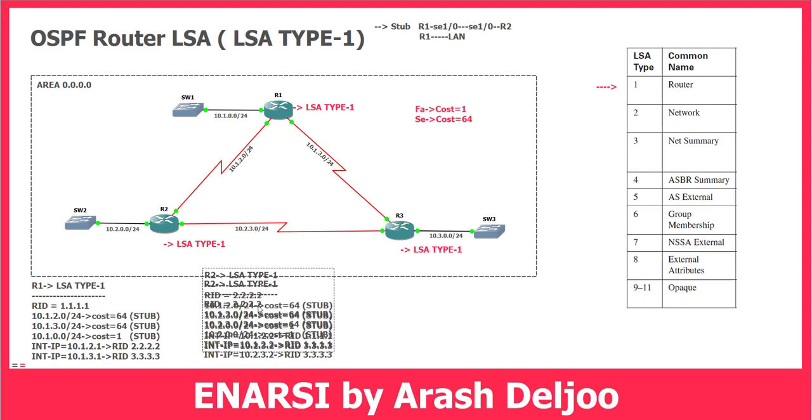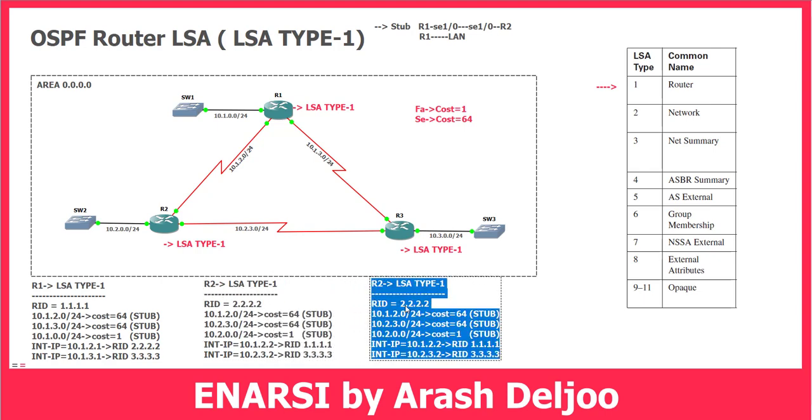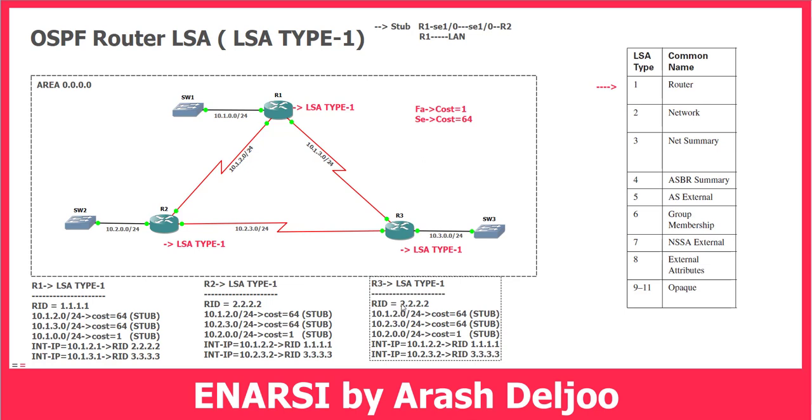That's it. And then let me show you the LSA type 1 of router 3. The RID in this LSA is quad 3. Here you can see that we have connectivity to 10.130/24 with the cost of 64. This is a stub network. I am connected to 10.230/24 with the cost of 64. This is a stub. I am connected to 10.300/24 with the cost of 1.